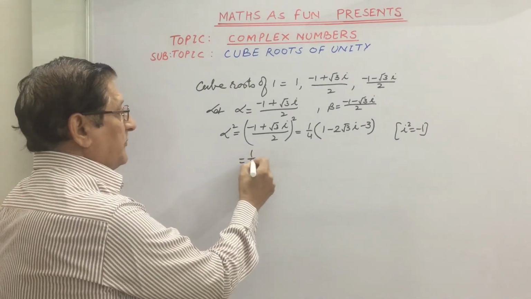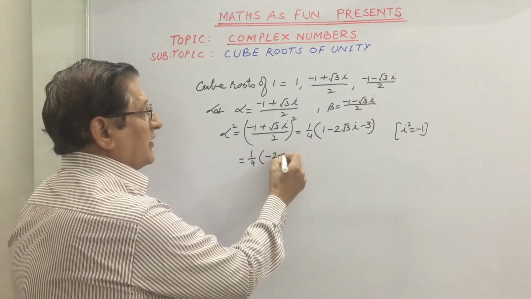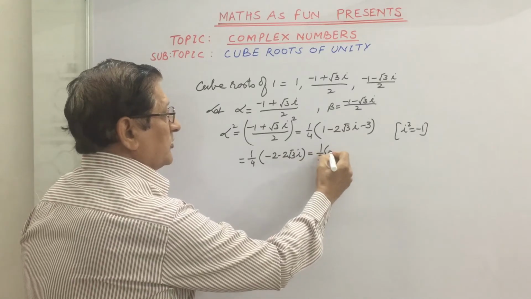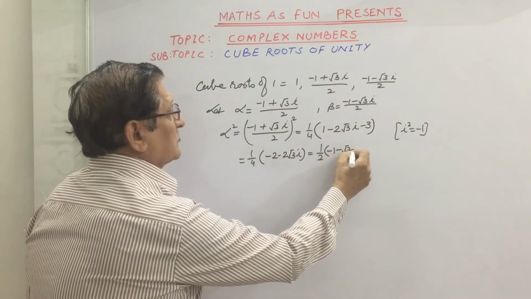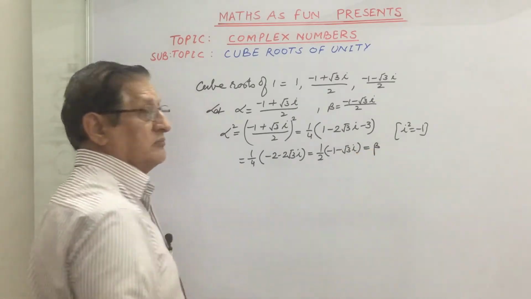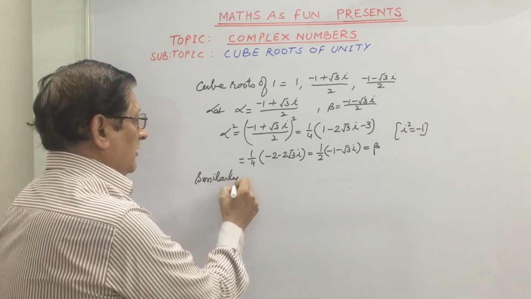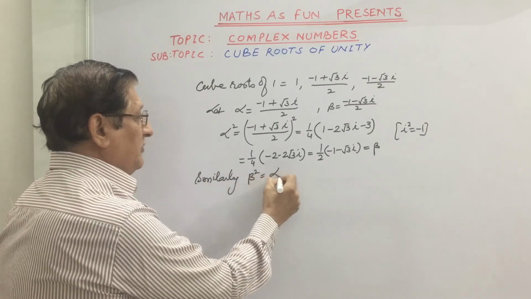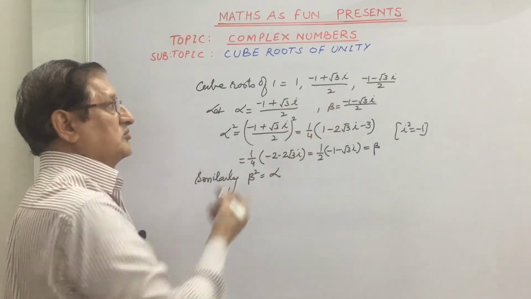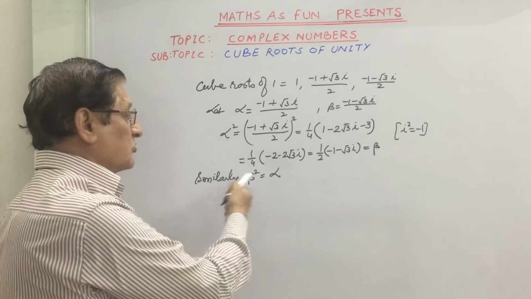Which comes as 1 upon 4 into minus 2 root 3 iota. We can write this as 1 upon 2 into minus 1 minus root 3 iota. Do we find this is same as beta? Similarly, if we square beta, that will be equal to alpha. It means we find that both the cube roots, that is complex cube roots of 1, are such that they are squares of each other.